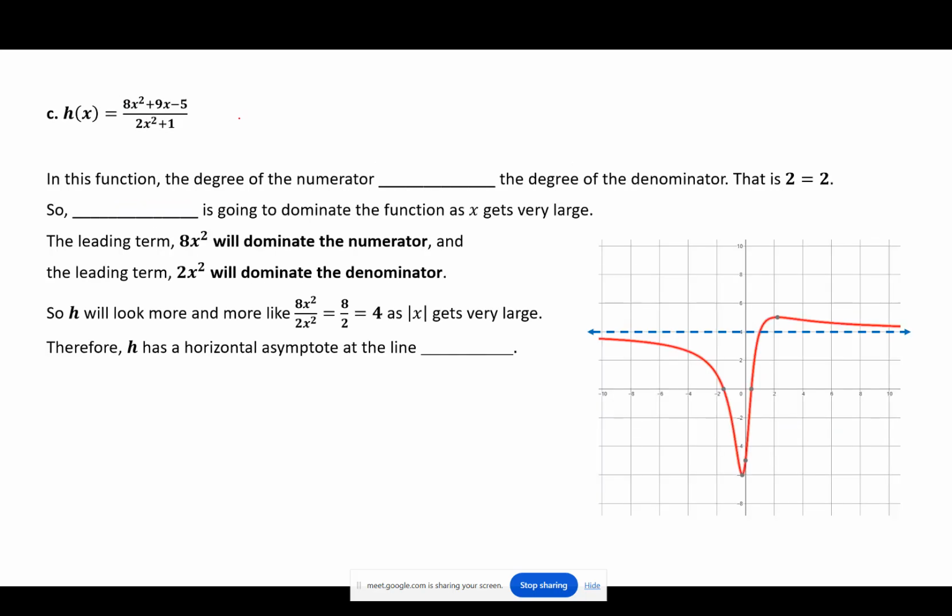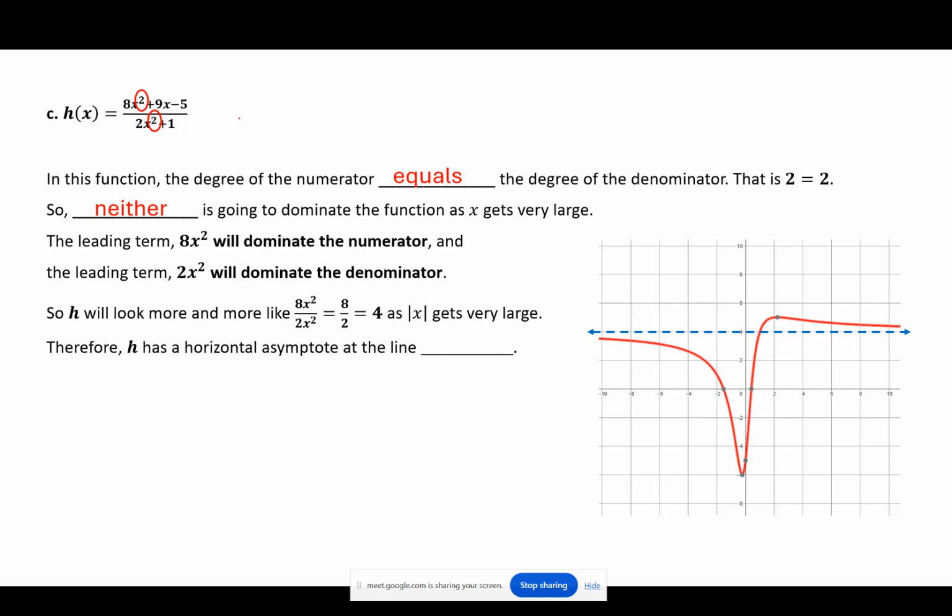Next situation. In this function, the degree of the numerator equals the degree of the denominator. So 2 and 2. So neither is going to dominate the function as x gets very large. The leading term, 8x squared, will dominate the numerator, and the leading term, 2x squared, will dominate the denominator.